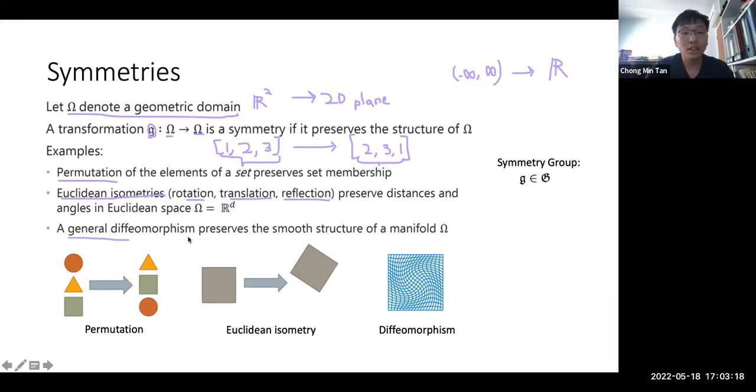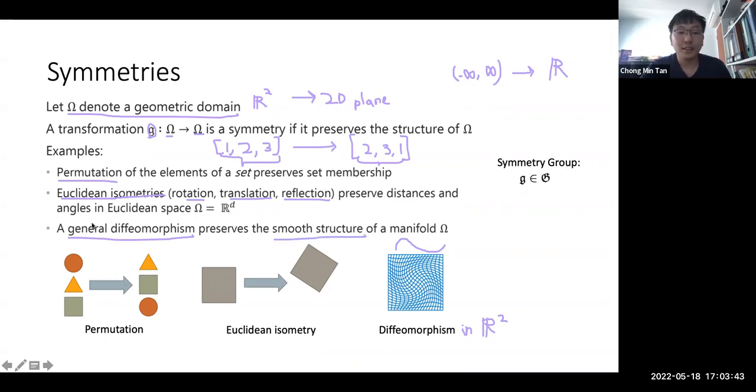There's also this thing called diffeomorphism. It looks very difficult, but diffeomorphism in R squared, the 2D plane, is basically just doing a differentiation in that space. If this is a mountain peak, the differential part should also preserve the smooth structure of your original peak.